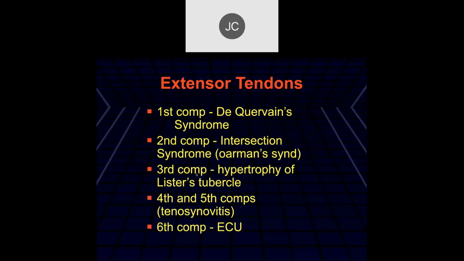The third compartment, you can get abnormalities of the extensor pollicis longus that can be due to hypertrophy of Lister's tubercle and mass effect by the tubercle. And then the fourth and fifth compartments, you typically get tenosynovitis or ruptures of the tendon. In the sixth compartment, you get ECU, and we see a lot of degenerative disease and sometimes longitudinal split tears.